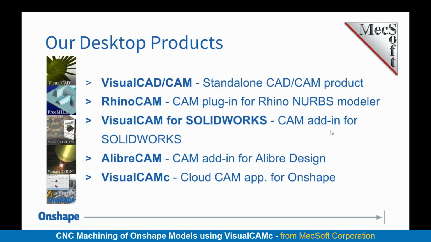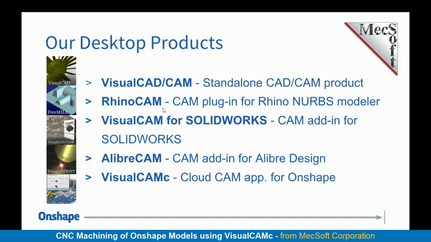So a little bit about our desktop products. Actually, our products, because VisualCAMc is included here as well. We have VisualCAD CAM, which is one of our mainline products. This is a standalone CAD CAM product, targeted at machine shop users, people who don't really need that design. The VisualCAD front end is really for importing design models and then machining them on a shop floor or in a single user situation.